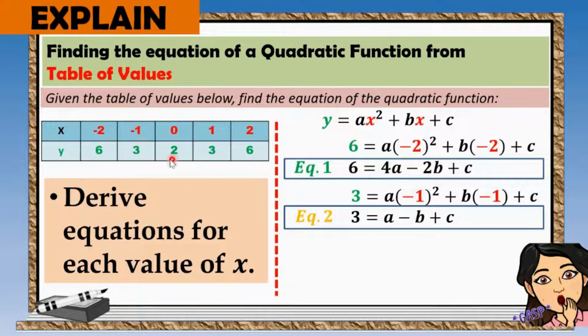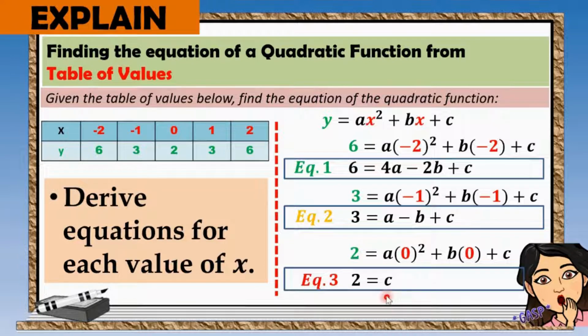Next is the ordered pair 0, 2. So, substitute lang. 2 equals a times 0 squared plus b times 0 plus c. So, we have equation 3 as c equals 2. As you have noticed, yung equation 3 natin ay c equals 2, so meron na agad tayong value ng c dito.